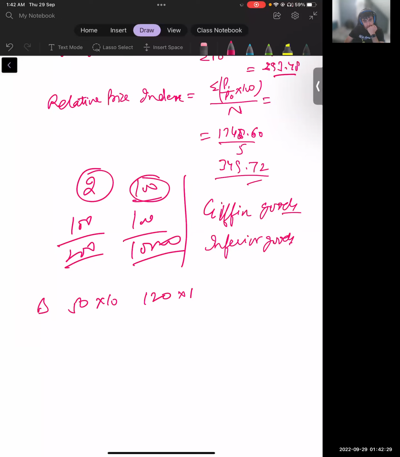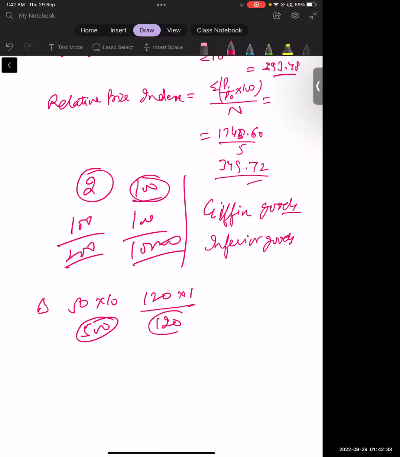Earlier you were spending 500 rupees, now you're spending 120. Does it impact you? No, because your expenditure was earlier 500, now it has become 120. You'll be happy to spend.